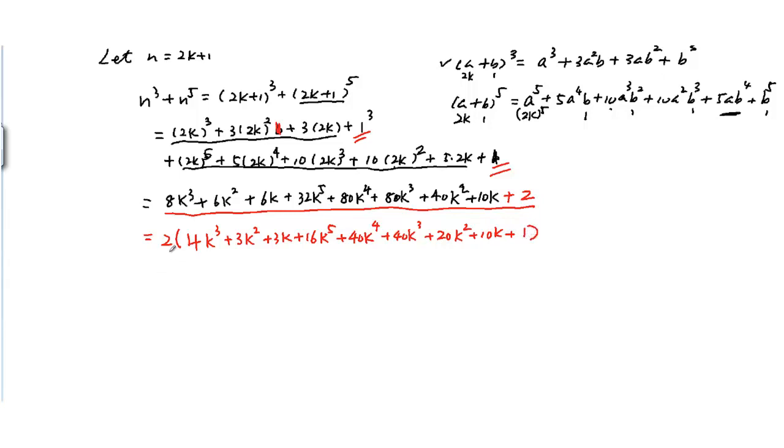So you get 2 times this, and the whole thing here is an integer. So you have the format 2 times m. Therefore n cubed plus n to the fifth power is even. So no matter whether n is odd or even, n to the third power plus n to the fifth power, as we demonstrated, is always even. So this is the proof by cases.